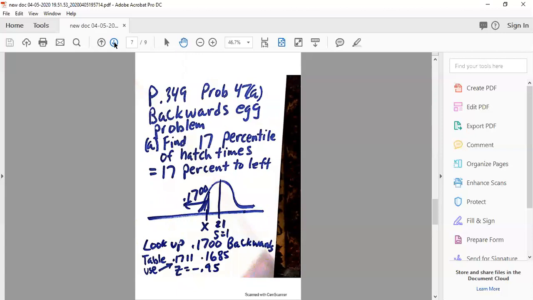All right, just to illustrate a backwards egg problem, page 349, problem 47A, we'll try a backwards egg problem. It says find the 17th percentile of hatch times. That means there's 17% to the left.